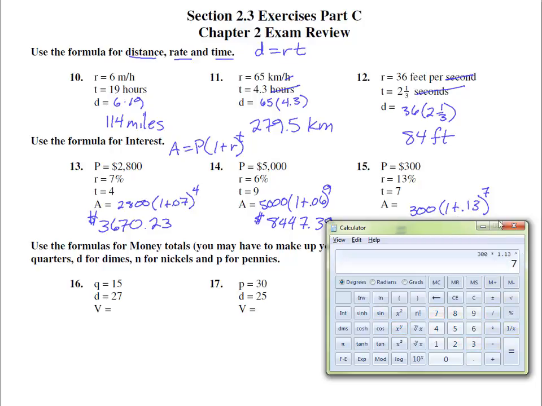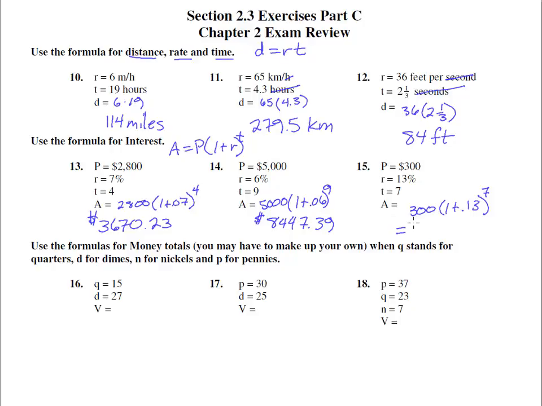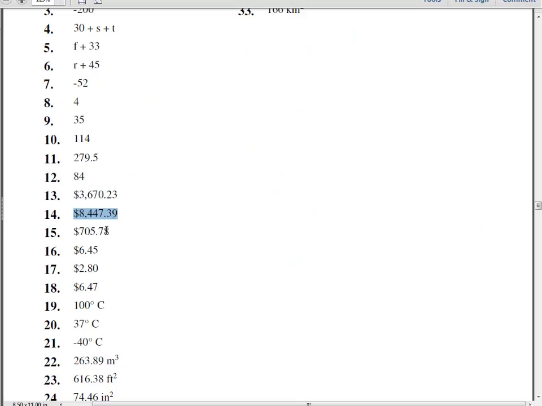And notice this will follow the order of operations by raising it to the exponent before multiplying by the 300, and we get 705.78. And let's check our answer. 705.78. Good.